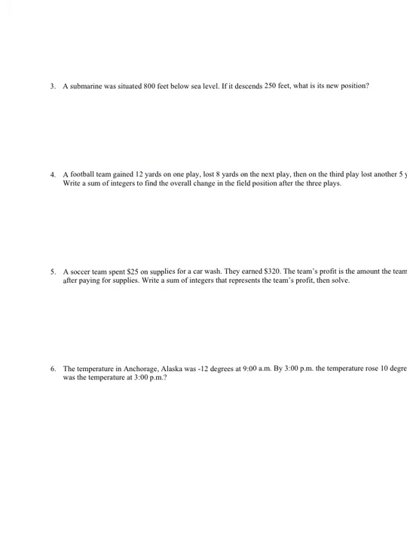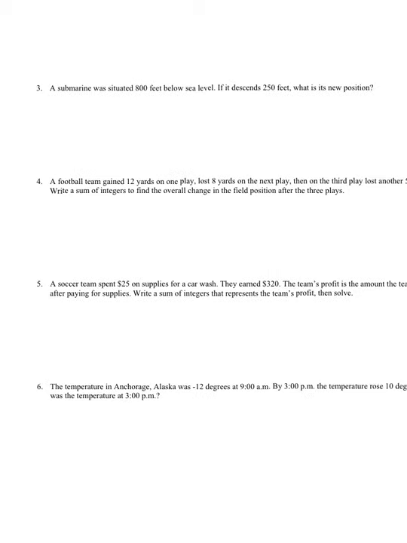Number 3, a submarine was situated 800 feet below sea level. If it descended 250 feet, what is the new position? We can draw a number line to represent this problem as well, but first let's circle the numbers.